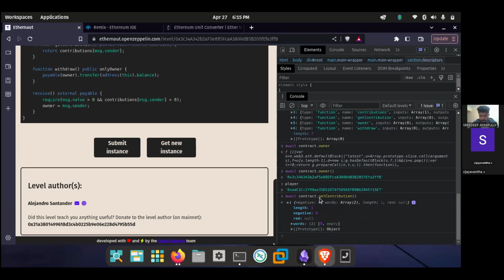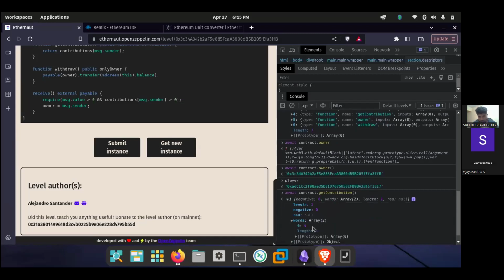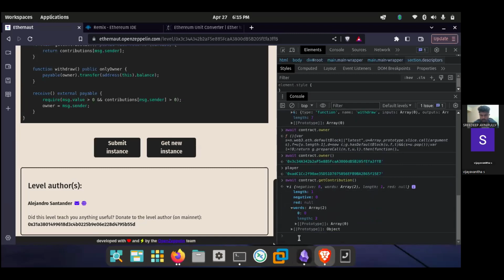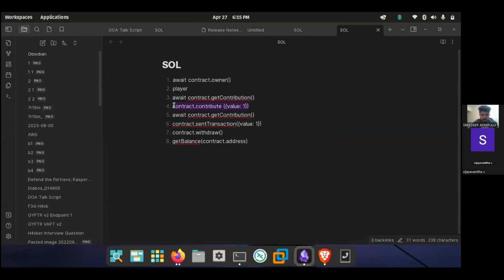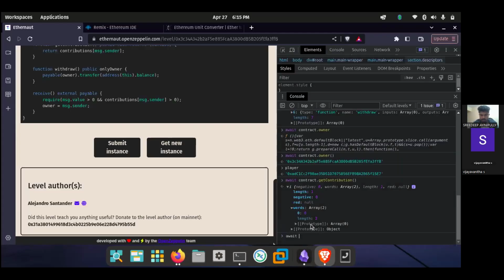See, it is zero because we didn't contribute anything. If we contribute something, it will be reflected here. So I'm going to contribute a small amount of ether for transacting money. So this is contract.contribute.